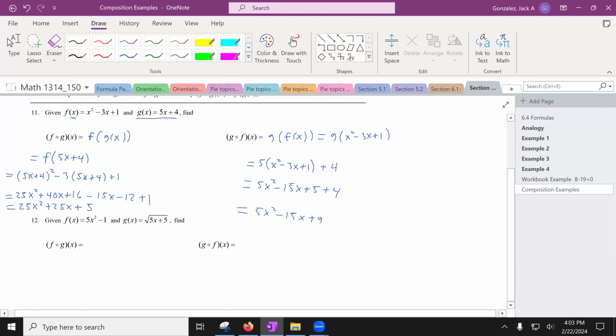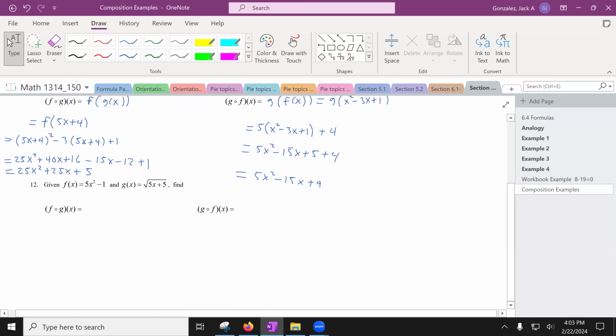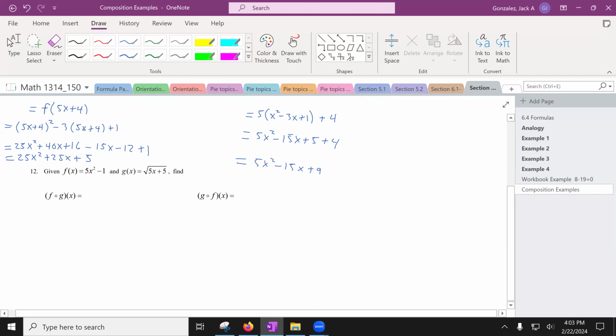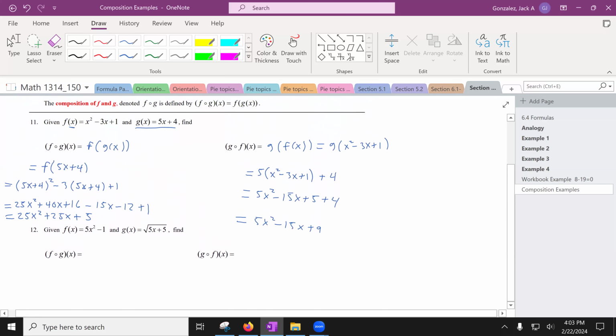Are there any questions on 11? Does that make sense? So F and G is gonna be the same thing over and over again, it's just that on the homework, they're gonna change the functions. That's it. Okay. That's cool on 11.